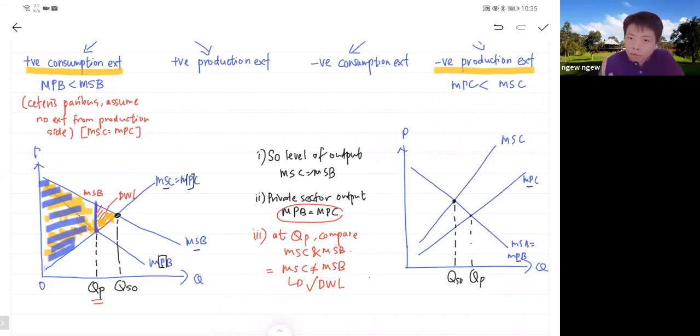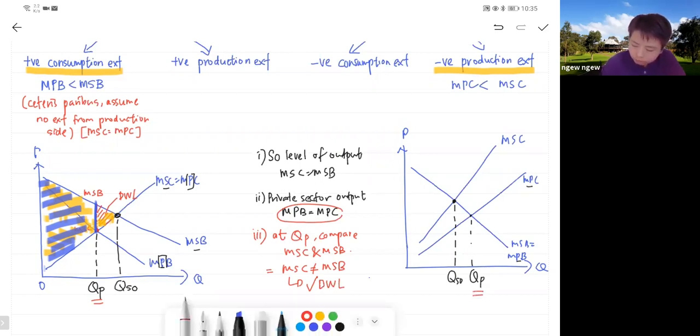Okay, now, lastly, we need to identify deadweight loss. As mentioned, deadweight loss only happens at QP. So we need to base on QP to compare. Okay, when QP touches the MSB curve, this is your MSB. And then when QP touches your MSC curve, this is your MSC.